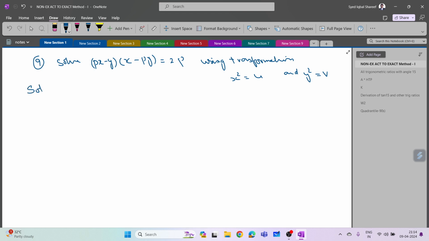So x² = u, so 2x dx = du, and y² = v, so 2y dy = dv.